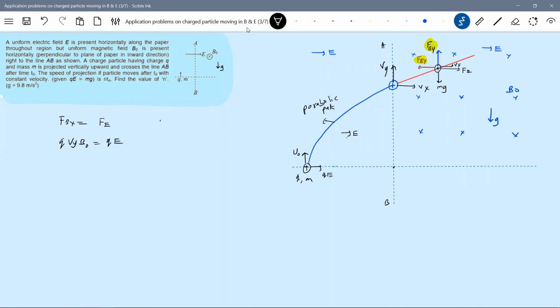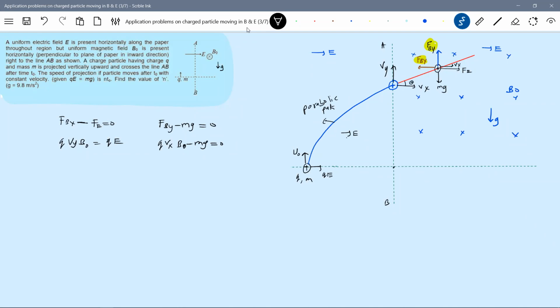Similarly, who will balance the weight? If I write the minus sign, equal to 0, it will be more justified, no? Then Fby minus Mg equals 0. Fby equal to Q Vx B naught. So this angle should be theta.